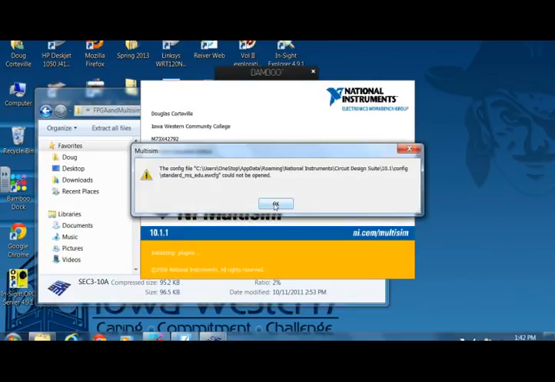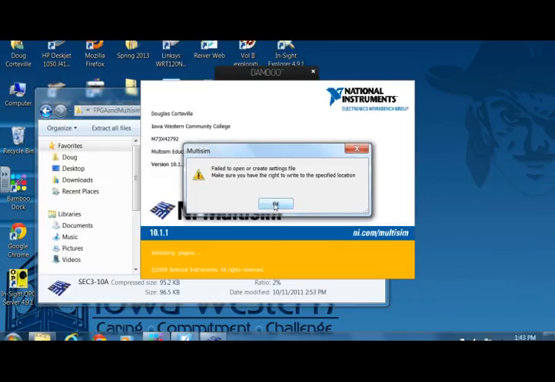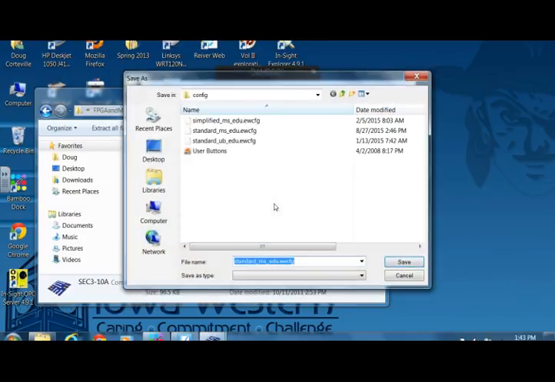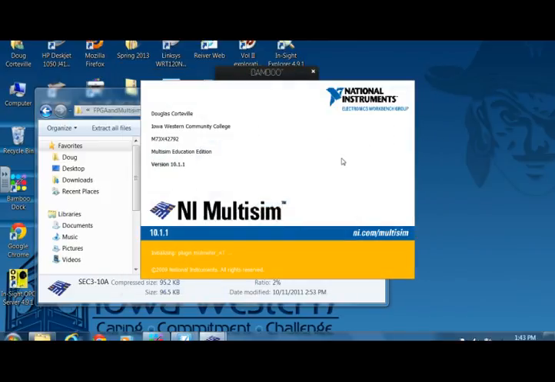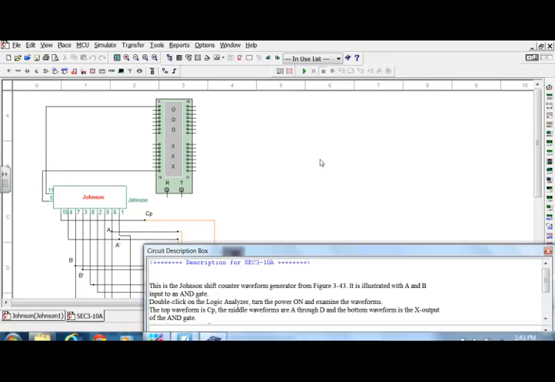The configuration cannot be opened. You silly thing, save as. All right, so we'll do it different, because clearly it worked last time, right? So we'll open it first, and then we'll go get it second. All right, so we got it there. Oh, there it is. Got it already.